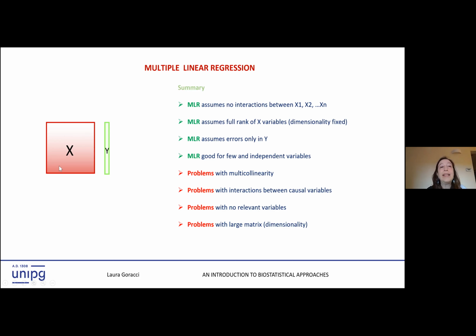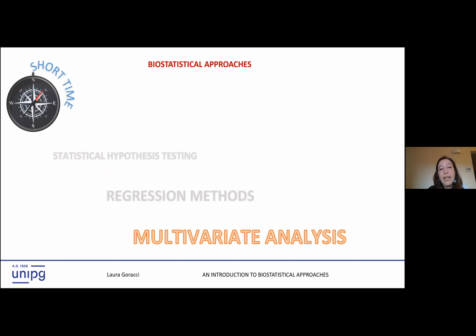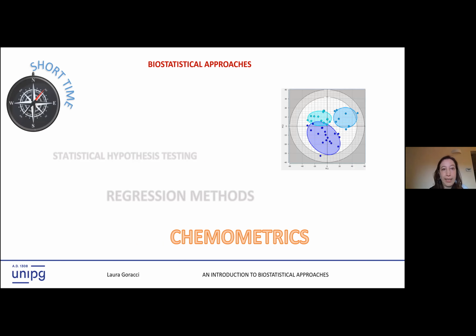So we are assuming that we have already a good matrix here. And we are also assuming that there are no interactions between my variables, okay? And so we could suffer from this multicollinearity that is in the nature of lipidomics data. So these are assumptions that we have to take into account when we decide which method we want to use and which is the aim of applying this method. This is why multivariate analysis is largely used in publications.